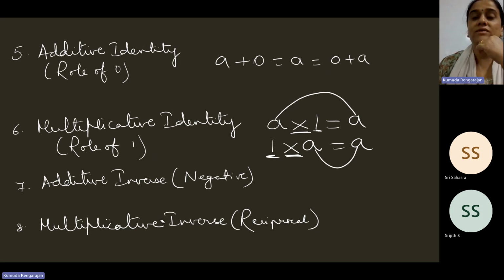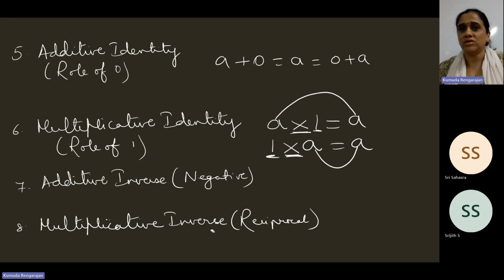Okay, so a rational number multiplied by 1, or 1 multiplied by a rational number, gives the rational number itself as a result. So we say that 1 is the multiplicative identity of rational numbers. Identity means you're getting the same answer as the rational number you've used. When will you get the same answer on adding?